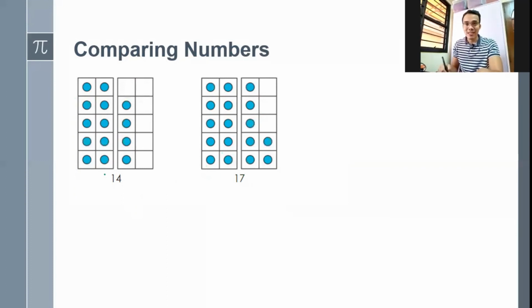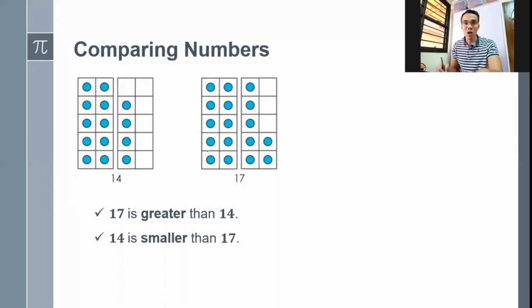Look at this. We have here one full 10 frame, and the other set in number 14, there are only 4 counters. In number 17, there are more than 4 counters. It means 17 is greater than 14 and 14 is smaller than 17.